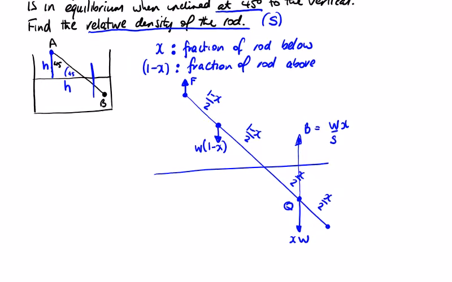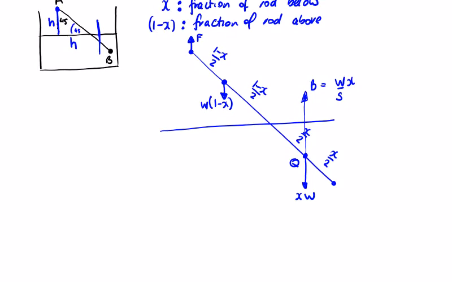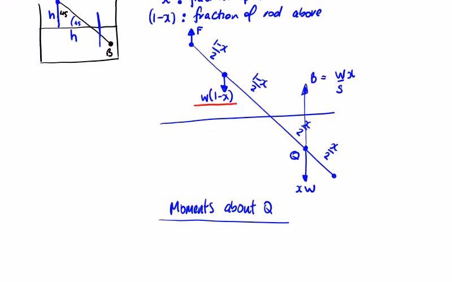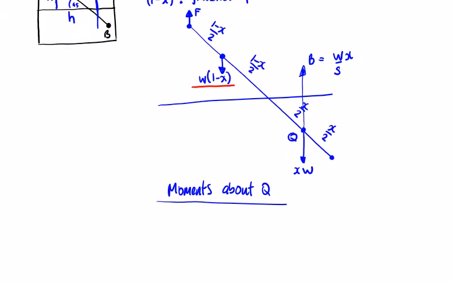So let's look at the moments about Q. So the moments about this point, the midpoint underneath. So what we have going on here is we have the distance of the force away from Q. So we start with this one. How far is that away?